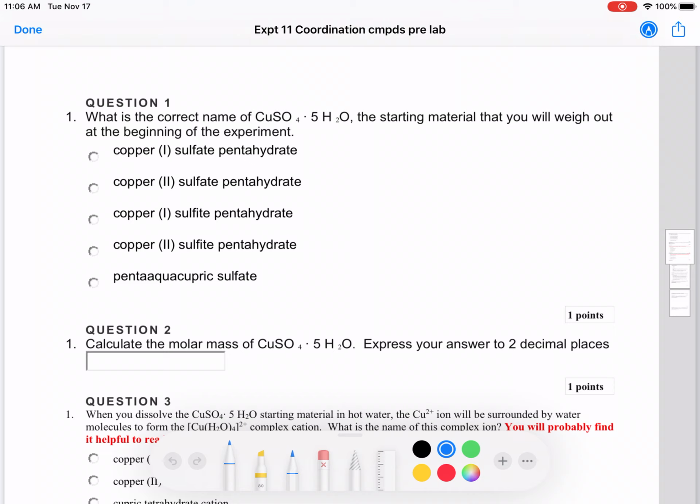And then how do you know whether it is copper 1 sulfate or copper 2 sulfate, copper 1 or 2? One way you can find out is this is copper sulfate, right? Just to remind you how you need to find out your charges. What we know is normally sulfate is a polyatomic ion, a negative ion.